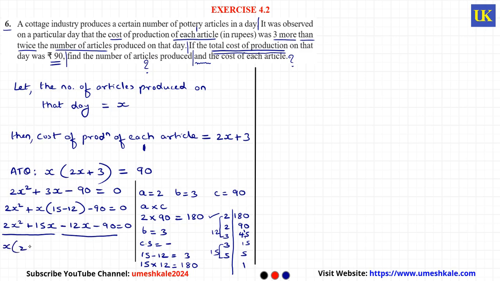So x into 2x plus 15. And here what I can take common is 6. So minus 6 I can take common. So here 6 twos are 12, 2x. And here 15, 6 is 90. So 2x plus 15 is equal to 0.